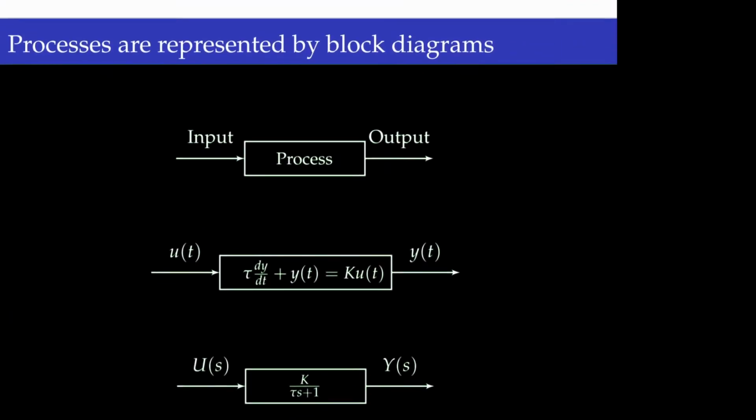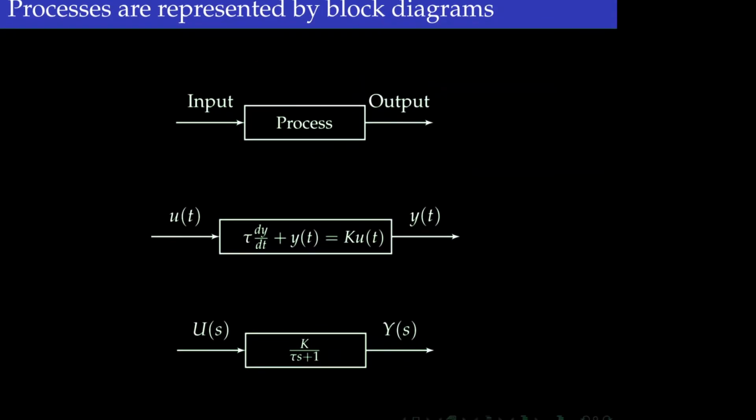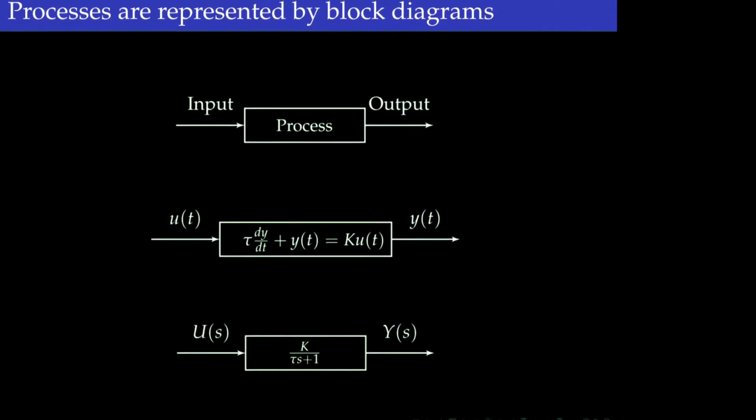Now to start with a very simple process, in the block diagram algebra, the processes are represented by blocks. So simply, input and output are represented by a block. Input comes in and it transforms the input into output, and that's represented by the transfer function.